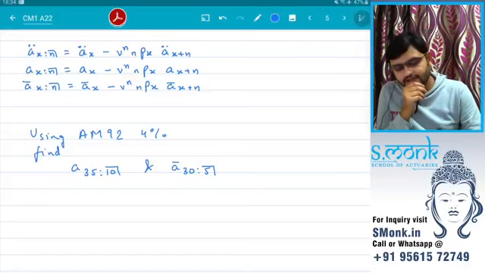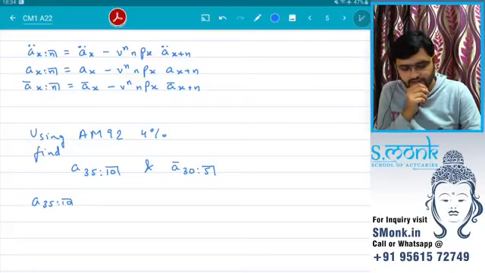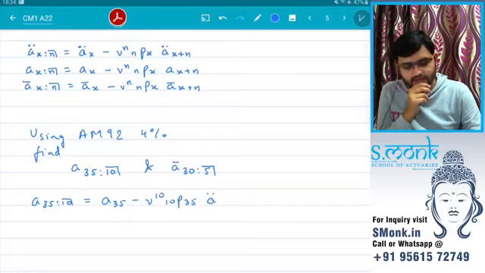We'll first write it in terms of a: a 35 10 will be equal to a 35 minus v raised to 10, 10p 35, a after 10 years.